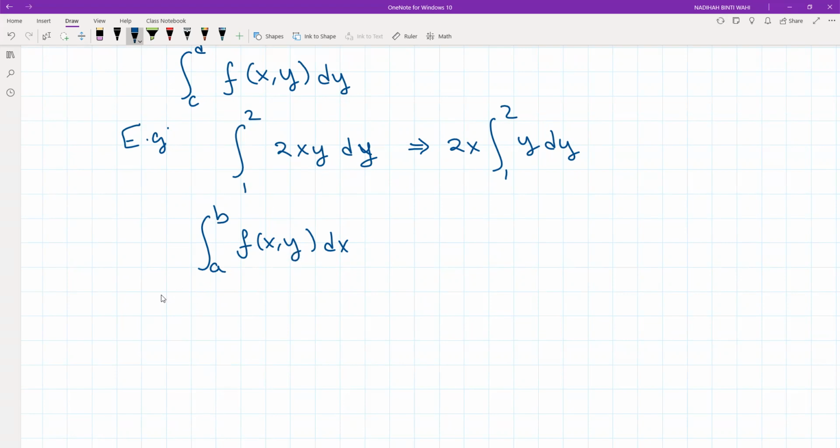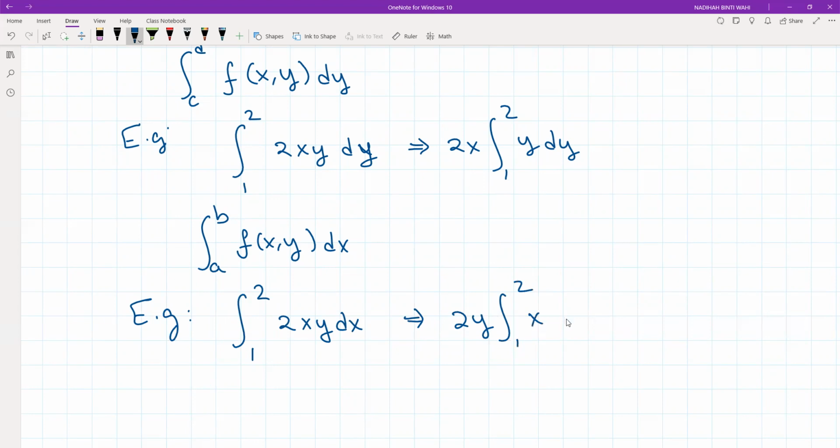Guna contoh yang sama. Let's say from 1 to 2, the function f(x,y) is 2xy dx. So you can just take 2y and then 1 to 2 x dx. So yang ni satu-satu. Okay, ada soalan ke?